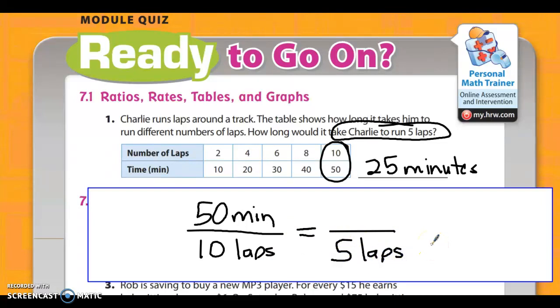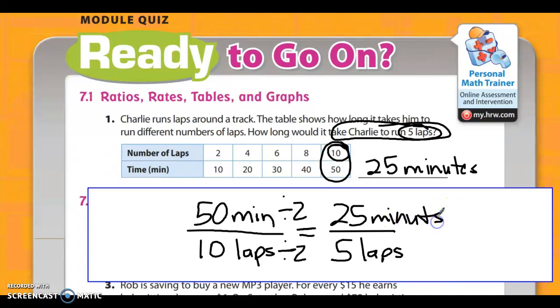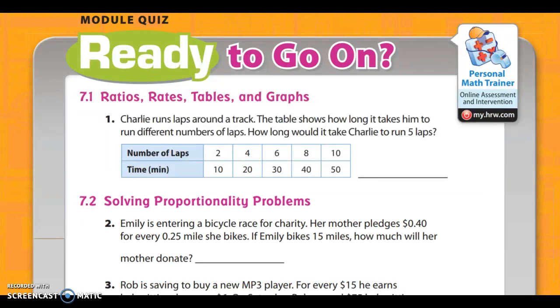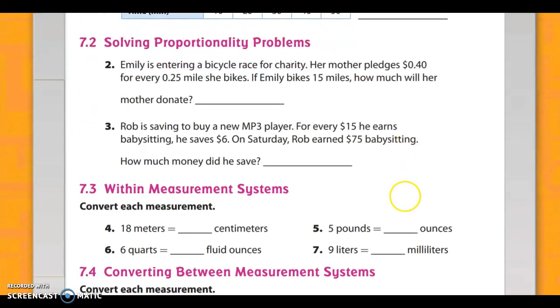The reason I took that information is because I recognized that I don't want to know 10 laps, I want to know 5 laps. Well, I know that 10 laps divided by 2 is 5 laps. And so you'd simply divide 50 minutes divided by 2. 50 divided by 2 is 25 minutes. Again, that's not the only way to do it, but that's 2 really good methods. Let's go ahead and move on. You might have had your own different method, and that's fine too. But let's go ahead and move on to the next section.